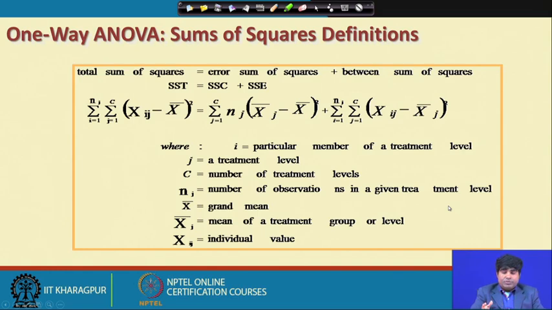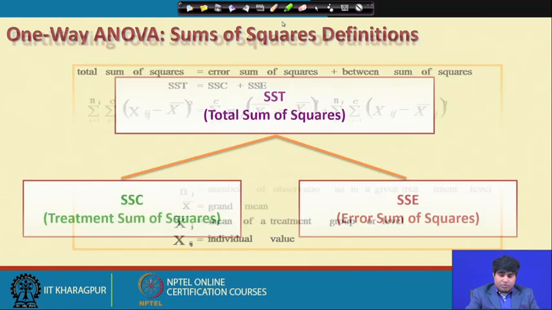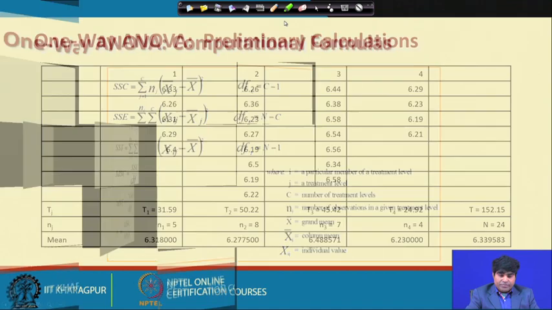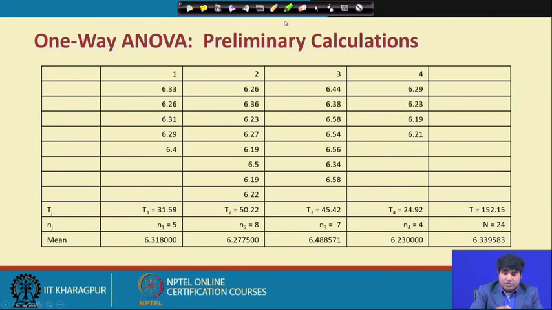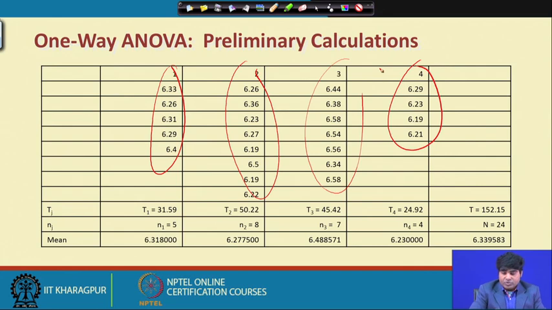So here in the entire analysis of this ANOVA, the typical structure will be, okay, let me give a sample problem first, then I will come back again here. So the typical example will be like this, and here you see this is one sample, this is a second sample, then third sample and fourth sample.